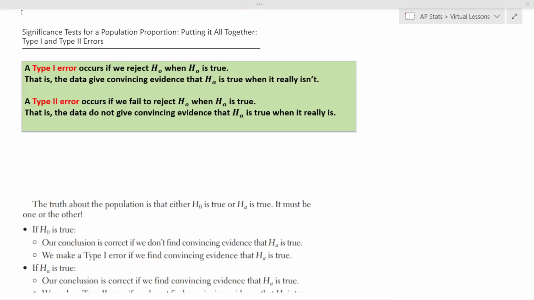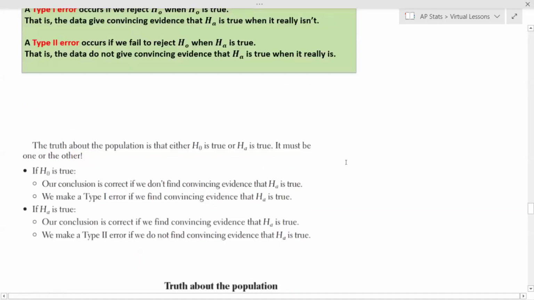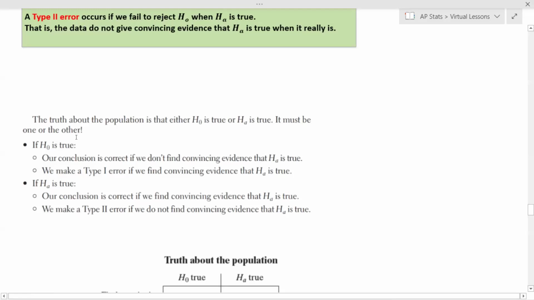So the truth about the population is that either the null is true or the alternative is true. It's got to be one or the other. And we're trying to figure out kind of which one it is and what happens if we're wrong. So if the null is true, then two things can happen.